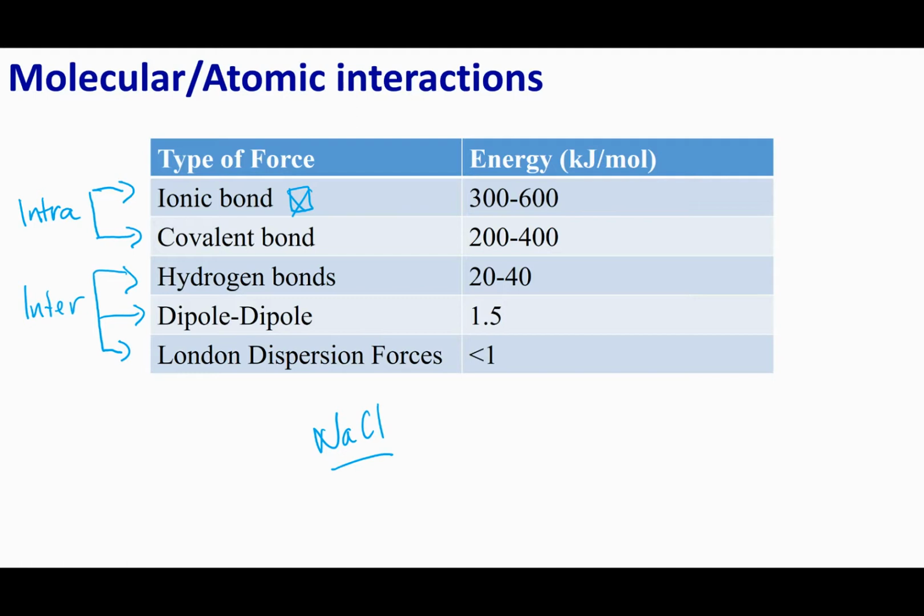Because intermolecular forces describe bulk properties, there's not a single molecule of NaCl. It's just this huge ensemble, trillions and trillions of units put together. So be very careful with what type of book or homework program you're working with, because sometimes people will just say forces and they want you to include ionic bonds when talking about things like boiling point or bulk property.